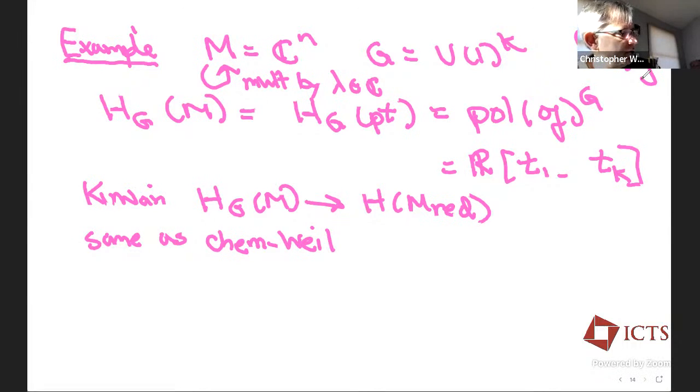Okay, so what does the Kirwan map do here? So it takes t_i and it maps it to the curvature, the ith curvature of the bundle.